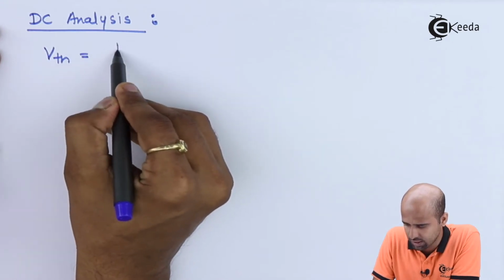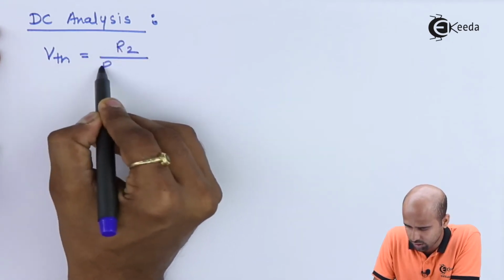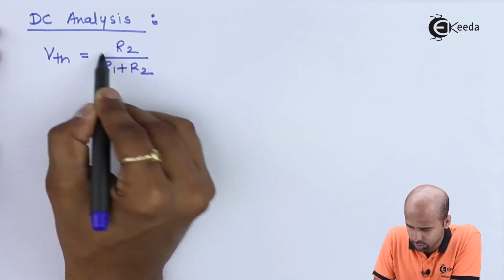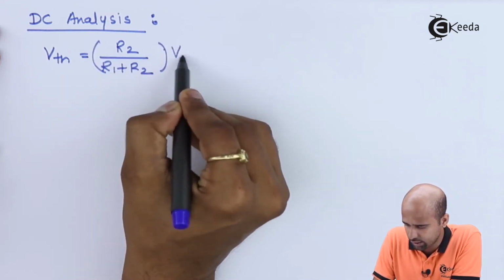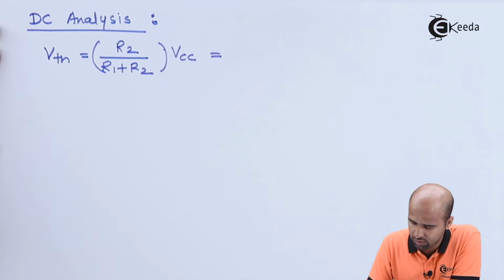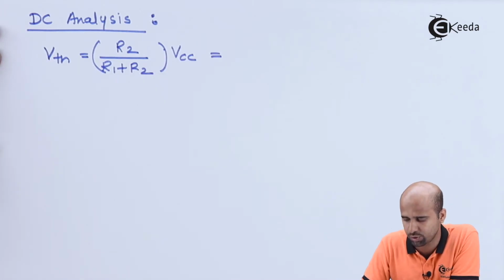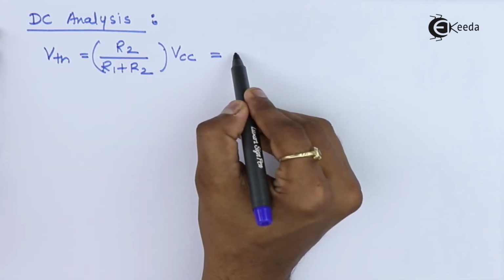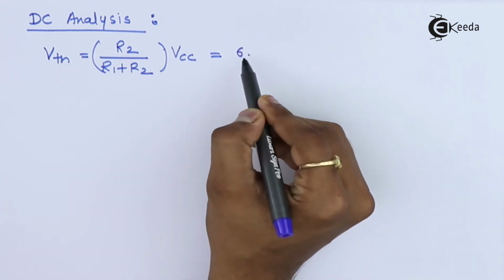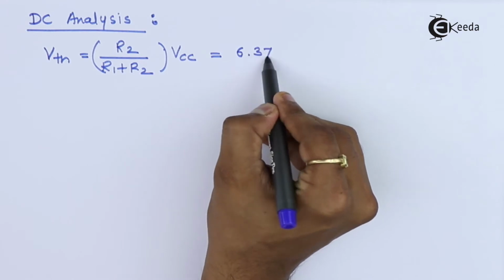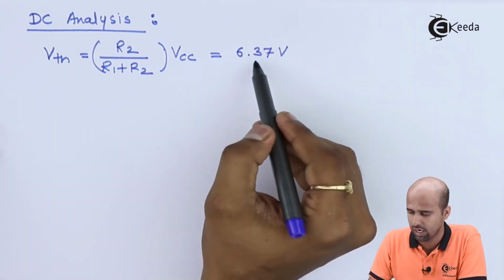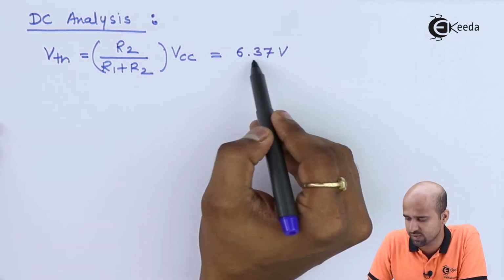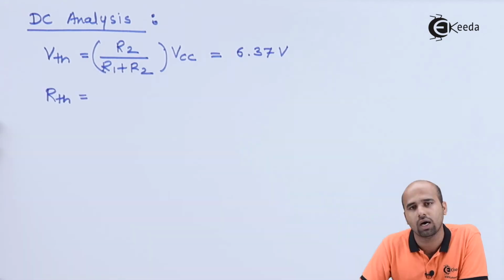VTH is nothing but R2 upon R1 plus R2 multiplied by the value of VCC. The value of VCC is 20, R2 is equal to 22 kilo ohm, R1 is equal to 47 kilo ohm. And this value is coming out to be 6.37 volts.